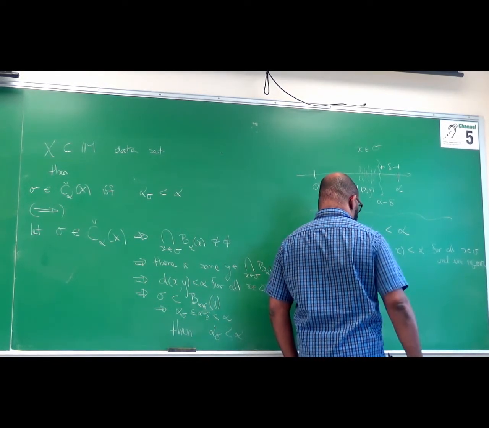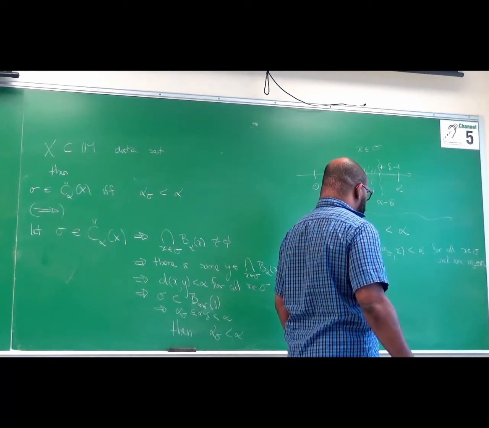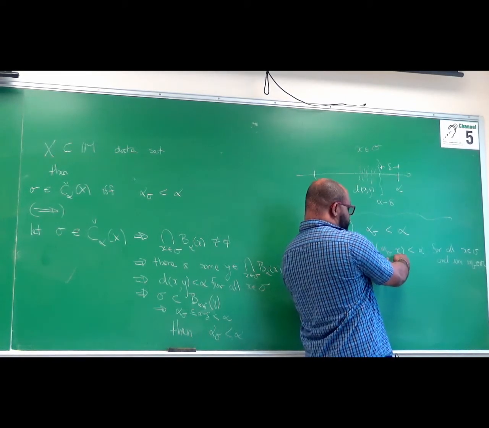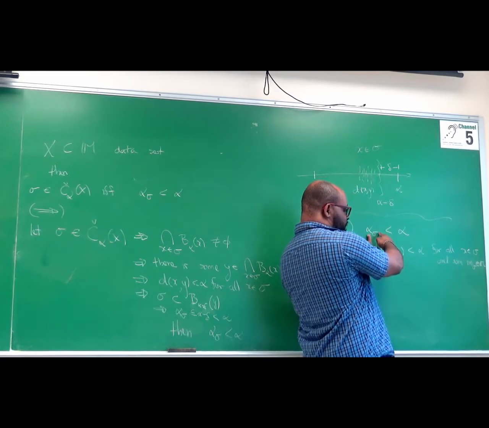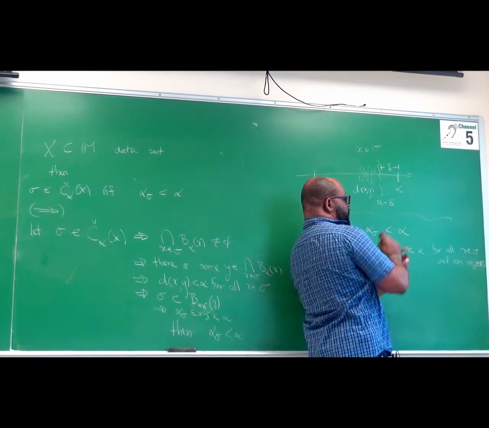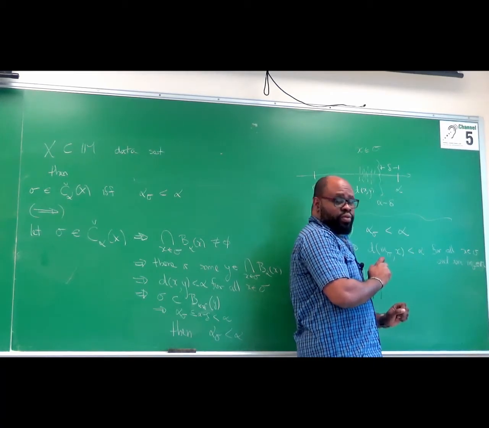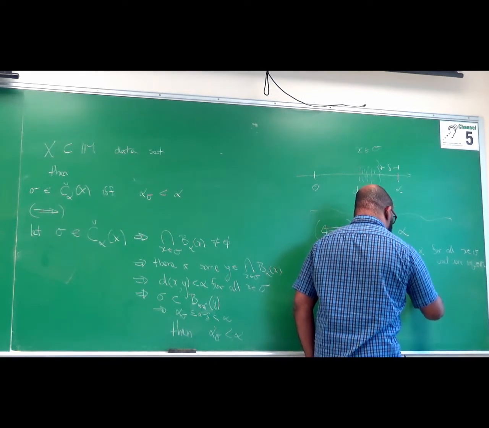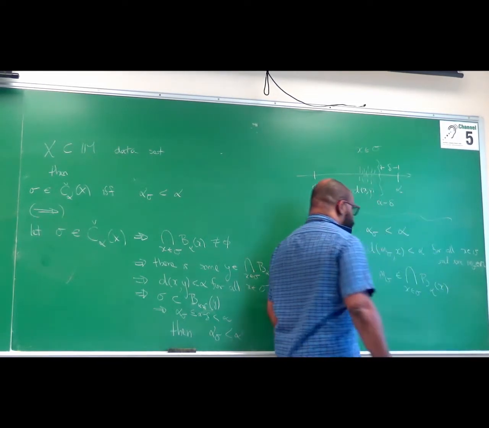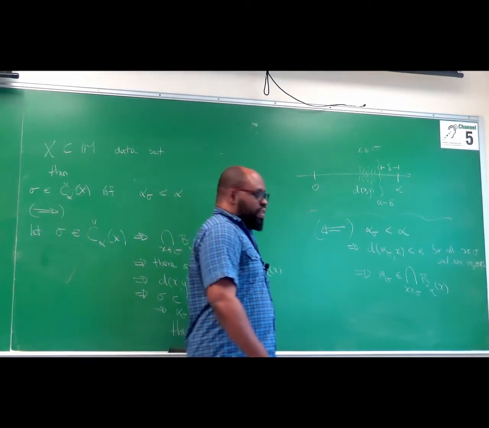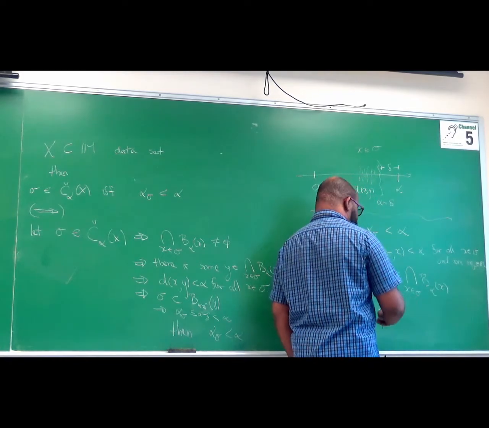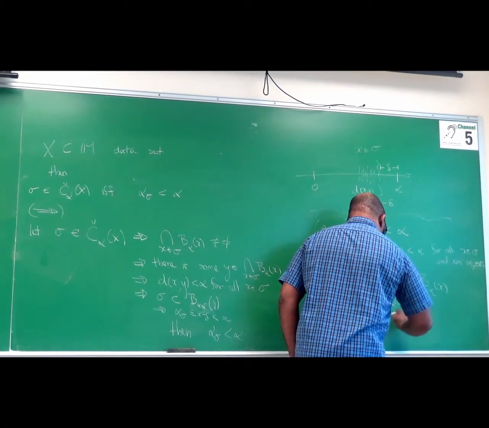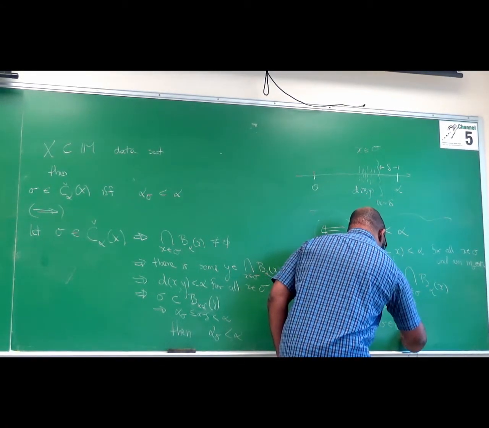Right, because the distance from here to here is less than or equal to alpha sigma, and that is strictly smaller than alpha. And this implies, in turn, that m sigma is in all of the balls. And that means that this intersection is non-empty, which in turn implies that sigma is in the Čech complex.